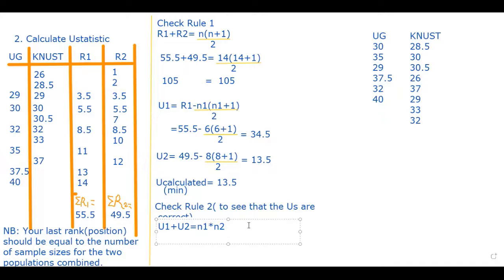So U1 is what? 34.5 plus 13.5. It should give you your N1 times N2, so 8 times 6. So this one is giving you what? 48.